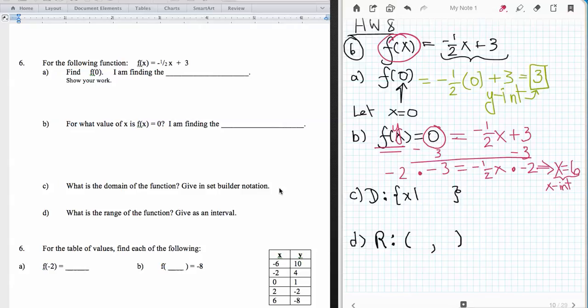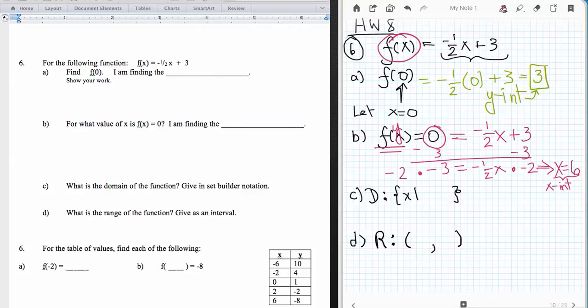Now the next two questions ask about what is the domain and the range of this function. If you'll recall, the domain of a linear function is all real numbers, and so is the range. I can put in any x value and I'll get out every single y value eventually. How they're paired is what's important.